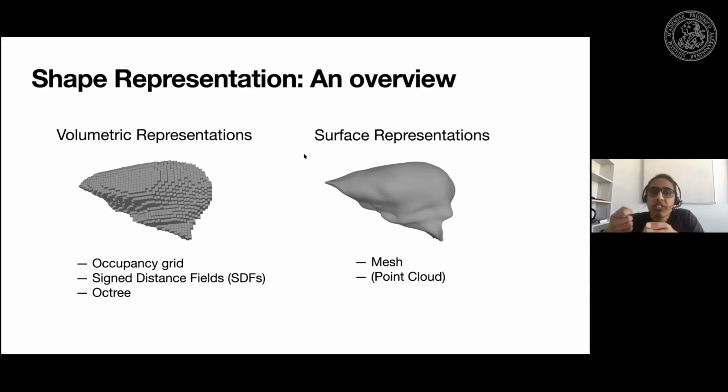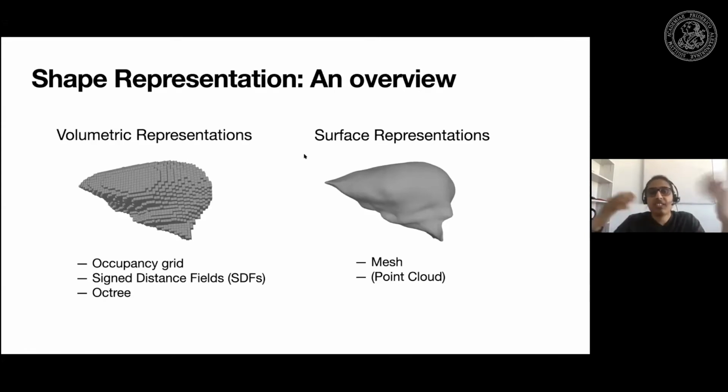An occupancy grid basically is a 3D tensor that has 1 if there is an object and 0 if it does not have the object of interest. Similarly, we have a signed distance field. It is a slight extension of the occupancy grid. Instead of the occupancy, an element or a voxel in this grid will have the distance to the surface.